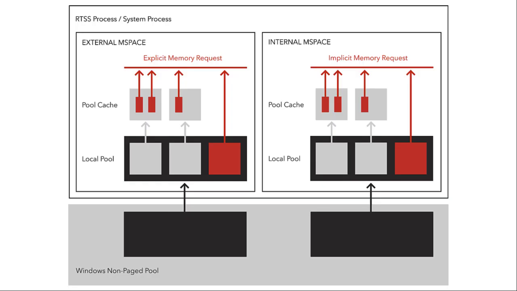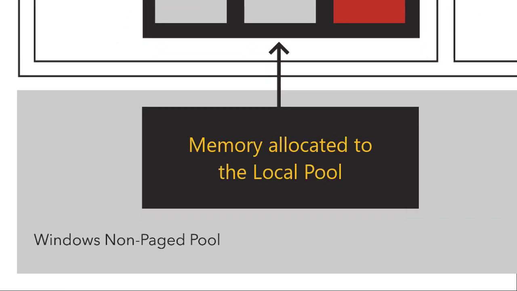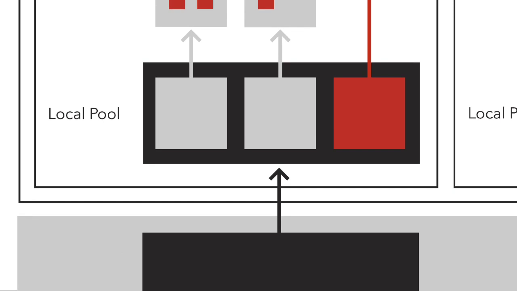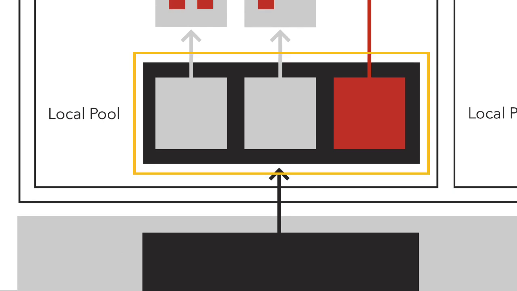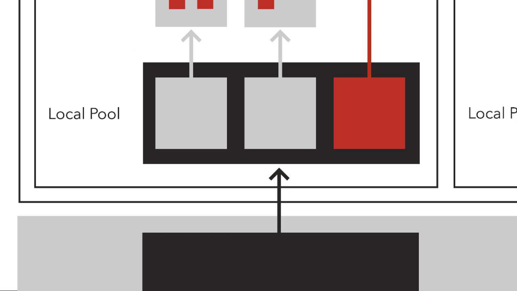This diagram depicts memory allocation for an RTSS process or system process from the Windows non-paged pool to the external and internal MSpaces. The black shapes in the non-paged pool region represent memory allocated to the local pool in each MSpace. In the local pool, black represents memory allocated from Windows that is freely available to a process.